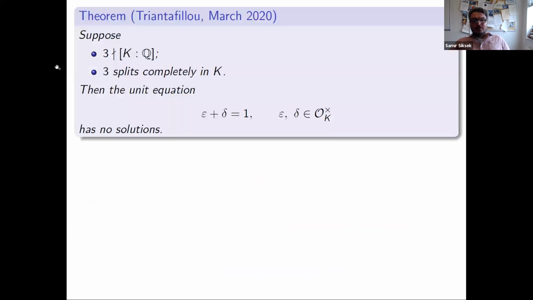So here's the statement again. If 3 doesn't divide the degree and 3 fits completely, then the unit equation has no solution. So why did I find this disconcerting?